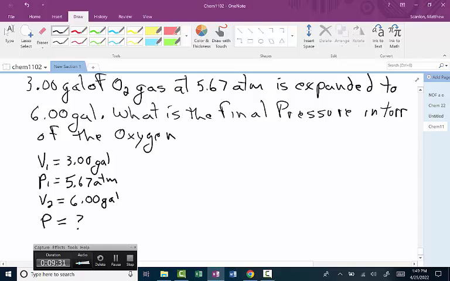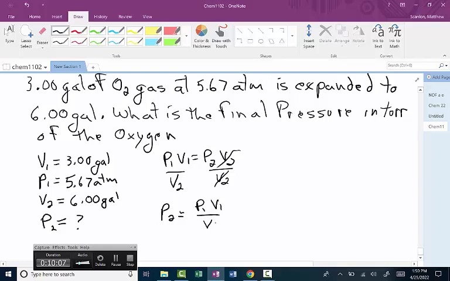Piece of cake, P1 V1 equals P2 V2. I want to solve for P2, so I divide both sides by V2, and I cancel on this side, and I get P2 equals P1 V1 over V2. I just plug these in.